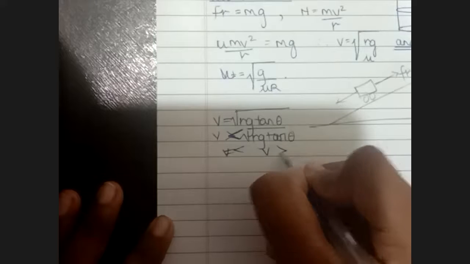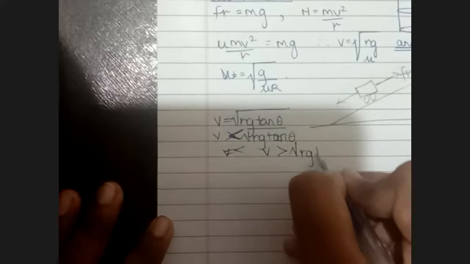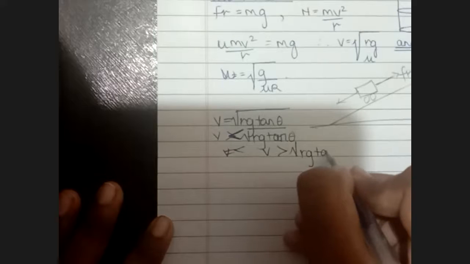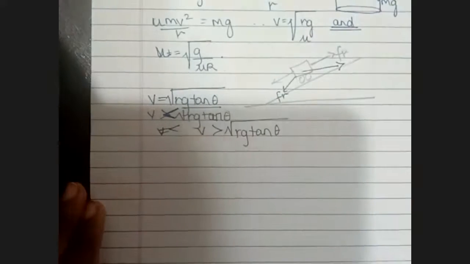If V is greater than root Rg tan theta, the car will move outwards and friction will act inwards.